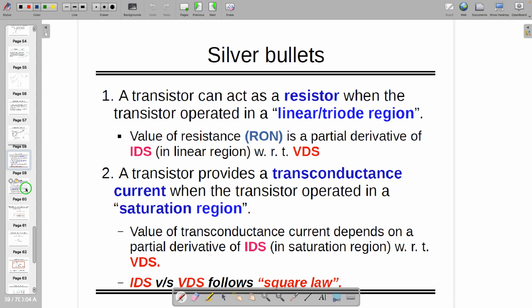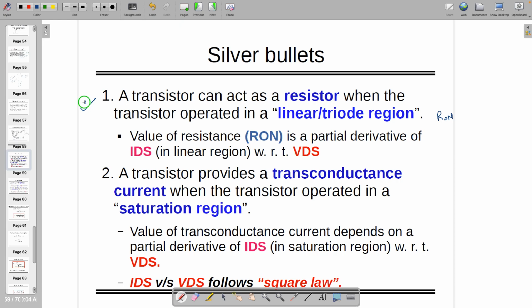The transistor can act as a resistor when you keep it in the triode or linear region. When you take the partial derivative of IDS with respect to VDS, the value you get is R on, with the subscript on. So this is the first thing. No problem, no doubt, right?